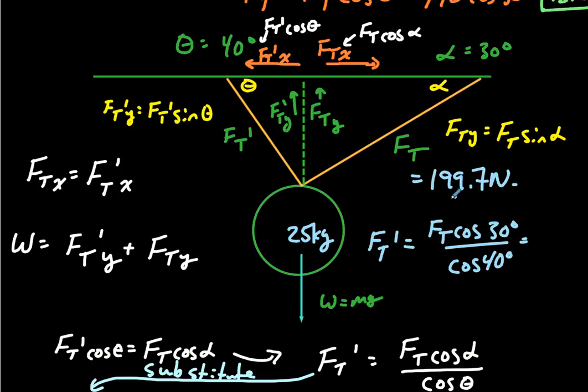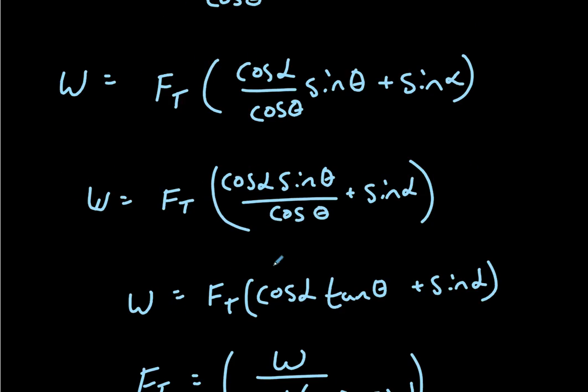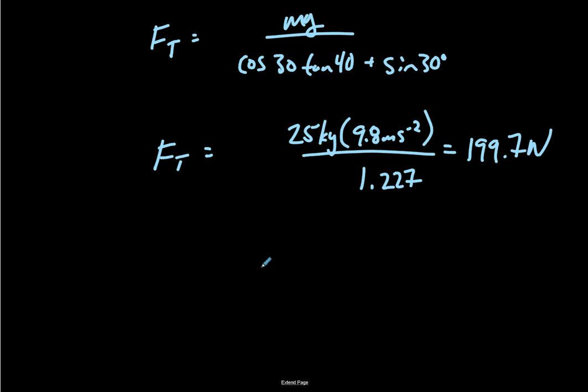So this is Ft. We should be able to solve for Ft prime just using that. So this gives us 226 newtons. So 226 there and 199.7 there. All right, that more or less does it for those types of problems. And we'll end there.